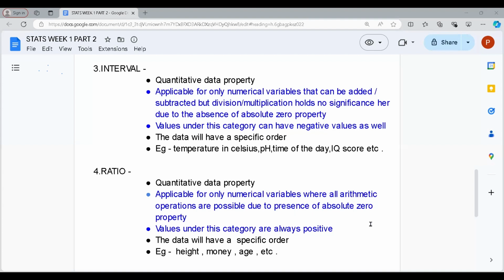And then we discussed ratio. That again belongs to the quantitative data property. It is applicable for numerical variables, but where all arithmetic operations like addition, subtraction, multiplication, division are possible because there is presence of absolute zero property, and values under this category are always positive. They can be zero, they can be positive, but they can never be negative.